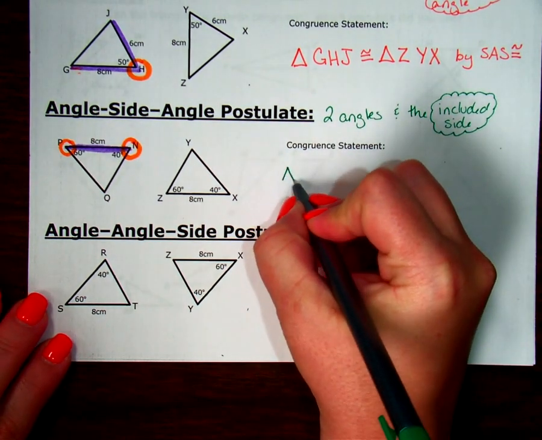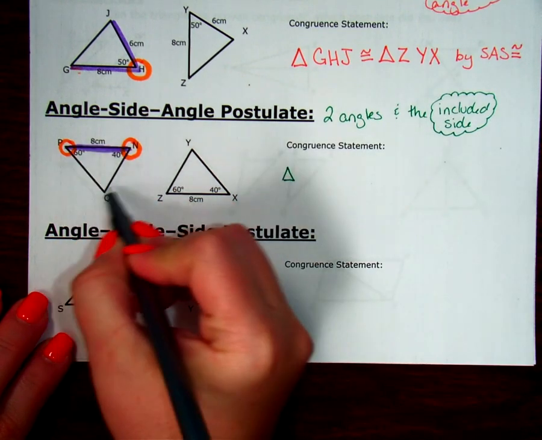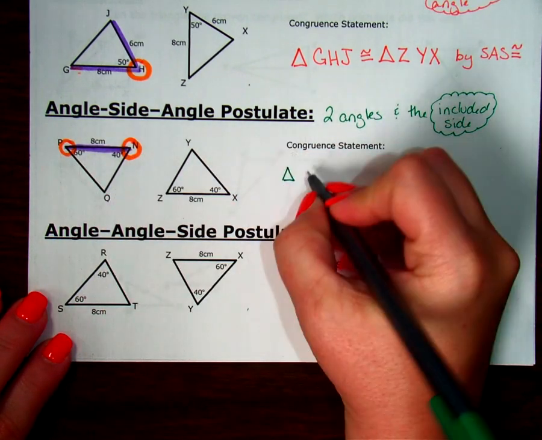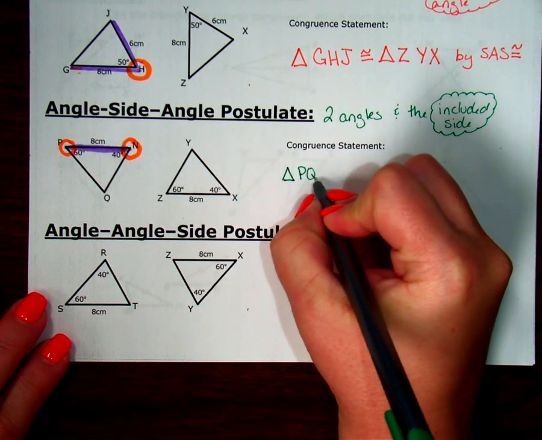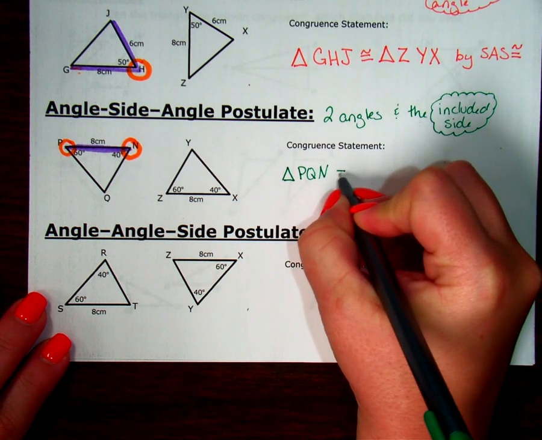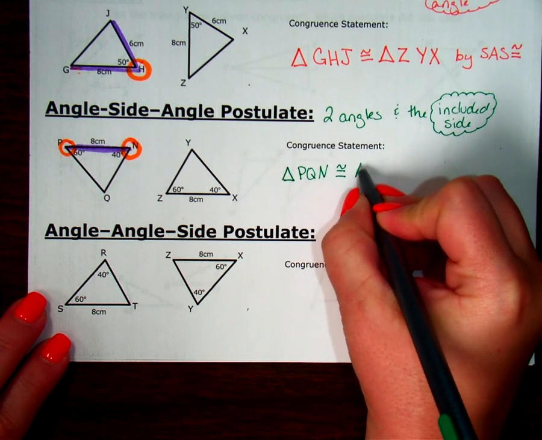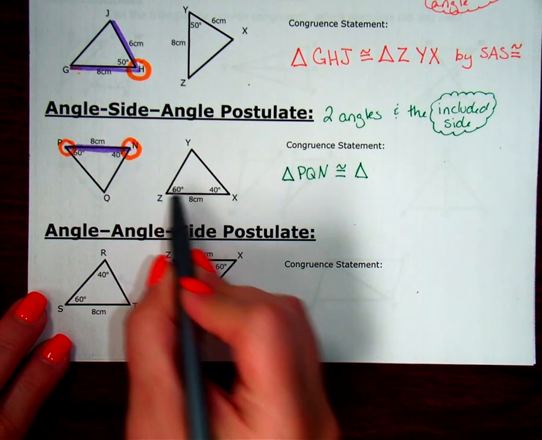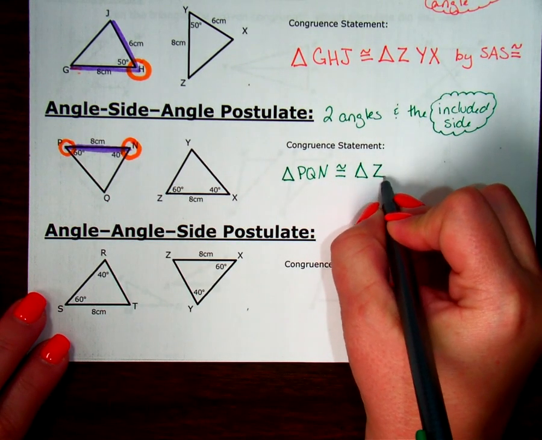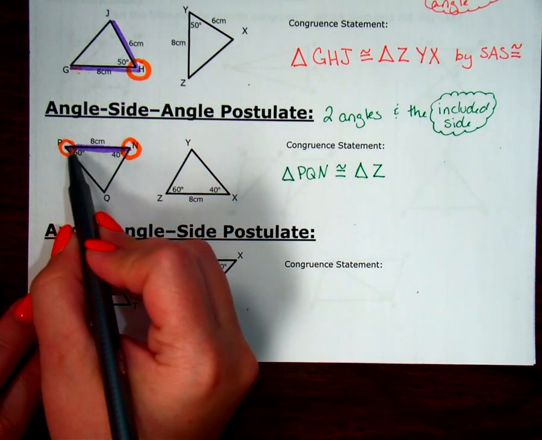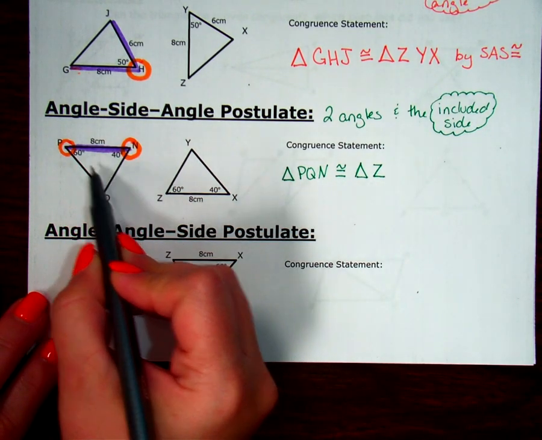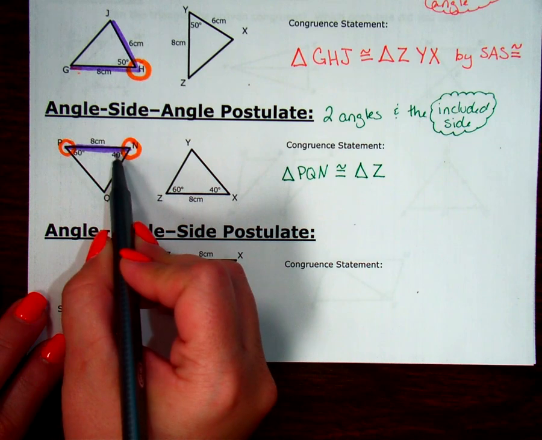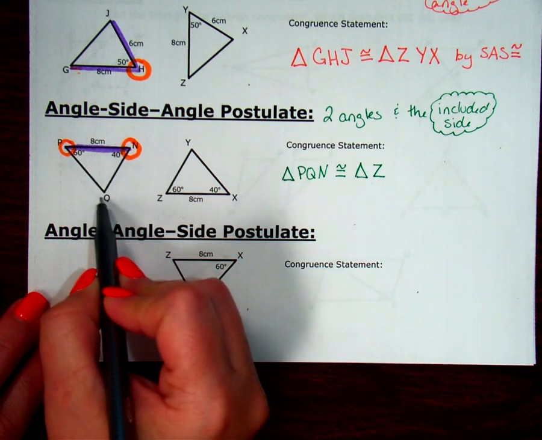So triangle, we can pick the order on the first one. I'm going to go P, Q, N. And then the second one has to match what we said. So triangle, if I started at P, which is 60 degrees, I'm going to have to start at Z for 60 degrees. And then Q is my unmarked angle, which I could figure out, right? Because together those are 100, so that has to be 80.